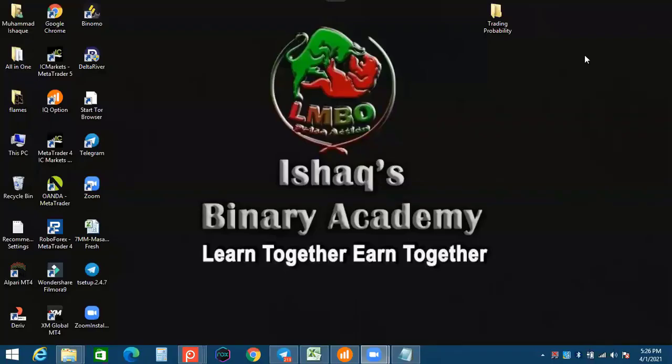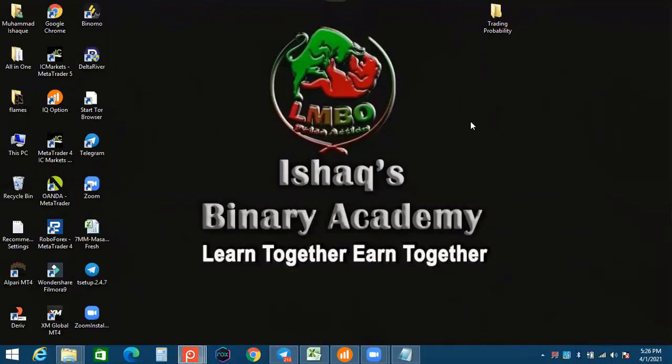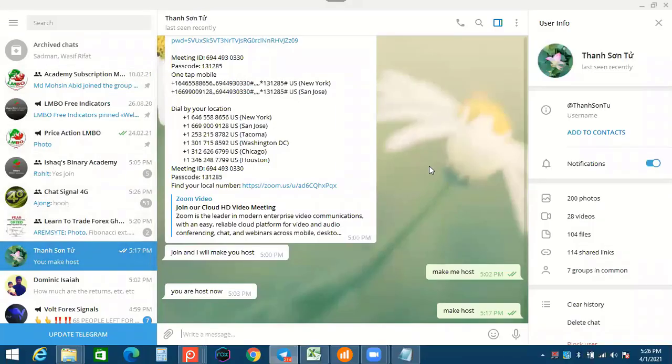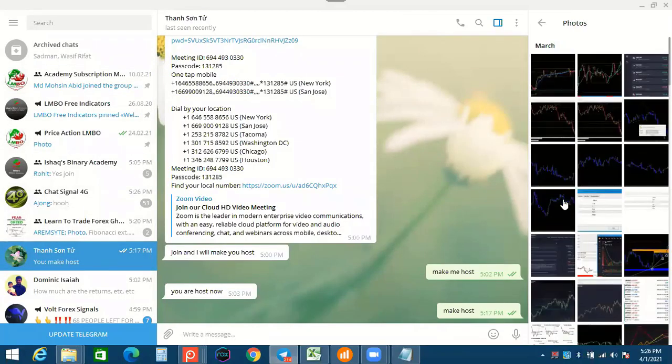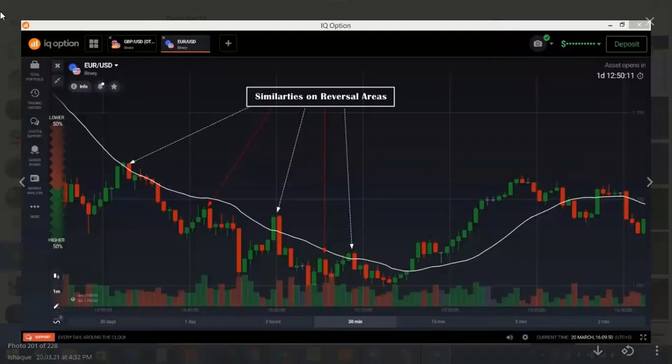Okay, one more thing now. Okay, here. See, when it's breaking the 21, the market reverses back.